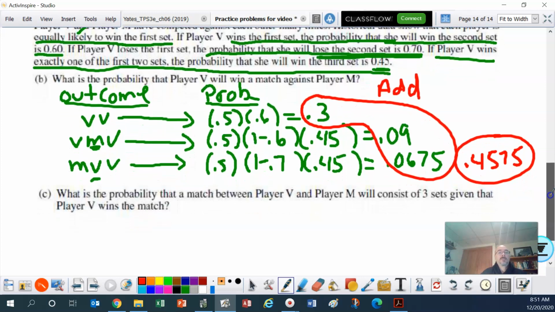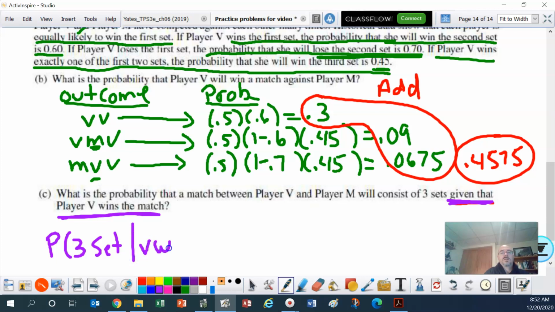All right, C. What is the probability that a match between player V and player M will consist of 3 sets, given that player V wins the match? Oh man, okay, so let's see. The probability of 3 sets, given V wins.